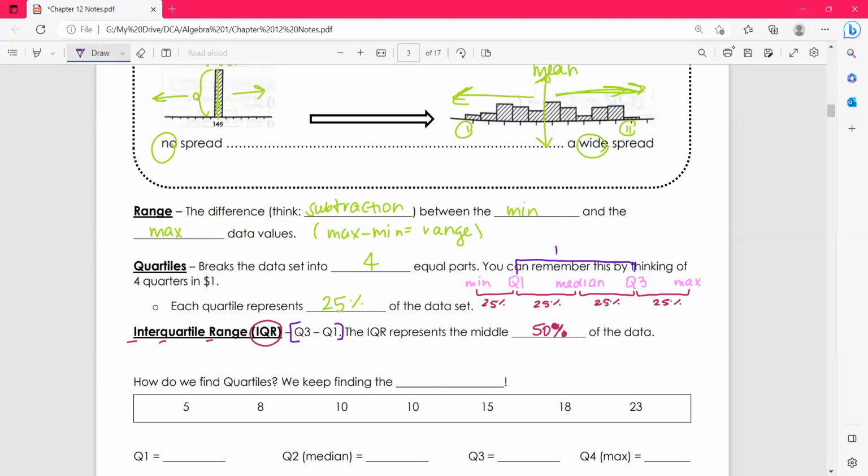Right here is the IQR, between Q3 and Q1. How do we find the quartiles? We keep finding the medians. Okay, and don't use the median number to find Q1 and Q3.